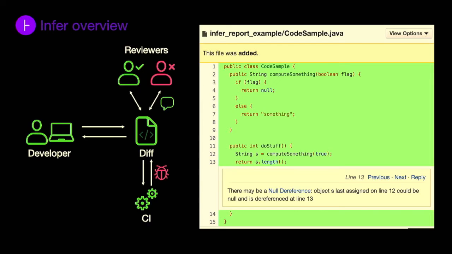Infer runs in CI and can report inline signals, pinpointing the line of the root cause. For example, here is how the signal may look. Here it found a null dereference and pinpointed the location of the issue. I'll dive deeper in the CI section to talk about how this process works.